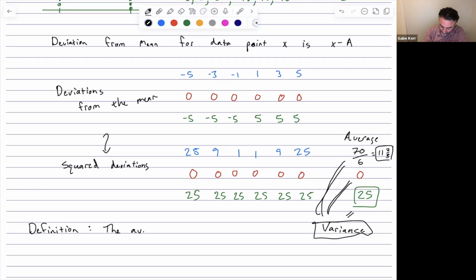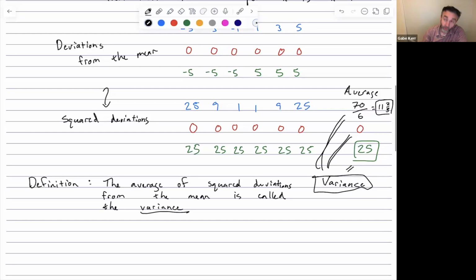The average of squared deviations from the mean is called the variance. Okay.